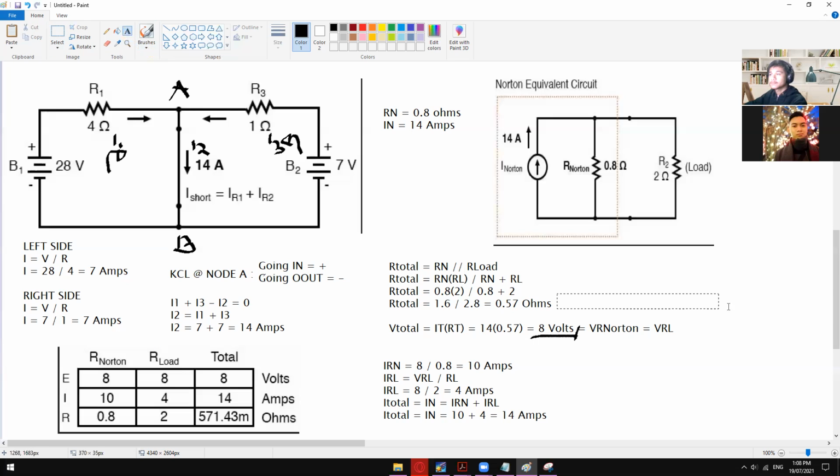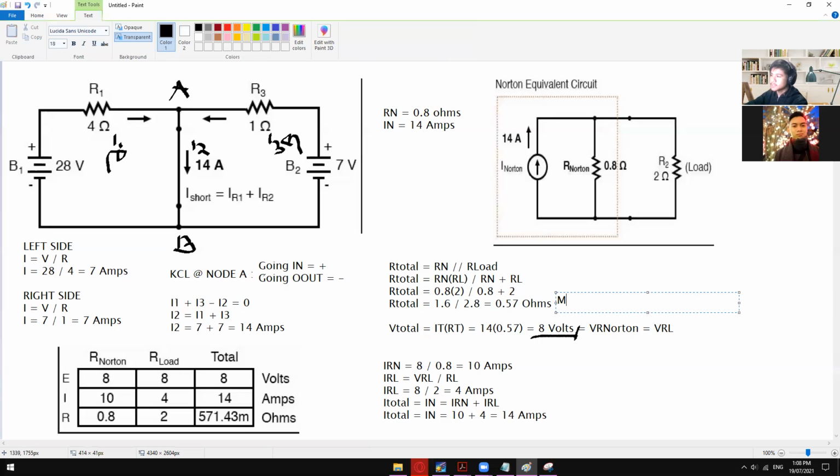If you want to have the milliohms value, just multiply this ohms value by 1000. Okay, so in here we have 0.57. Just multiply that one by 1000, and then you will get 570.